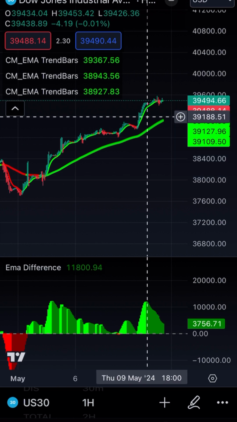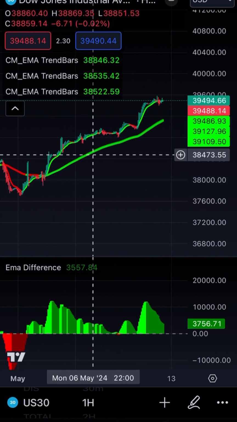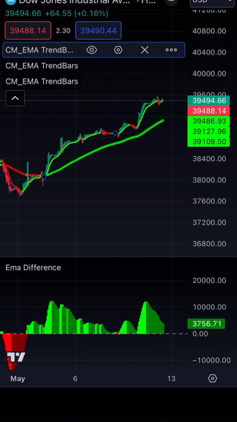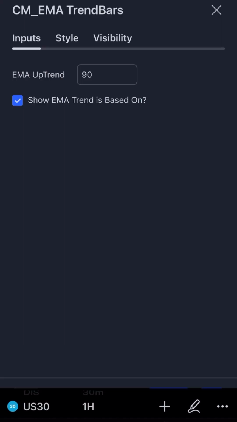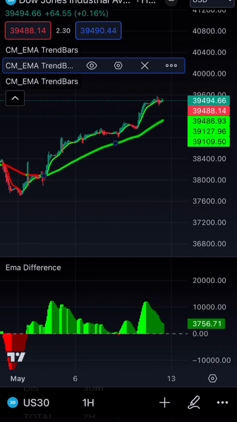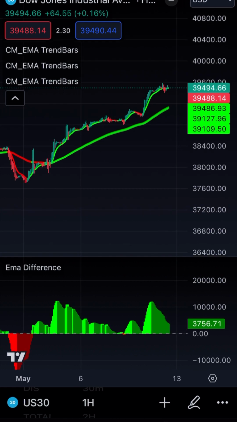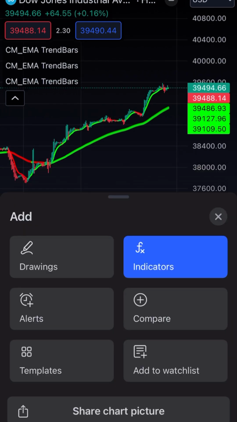You'll notice it starts turning green here for bullish, and it turns red for bearish. That's why I like it. So the settings for CM EMA trend bars are 9, 90, and 95.